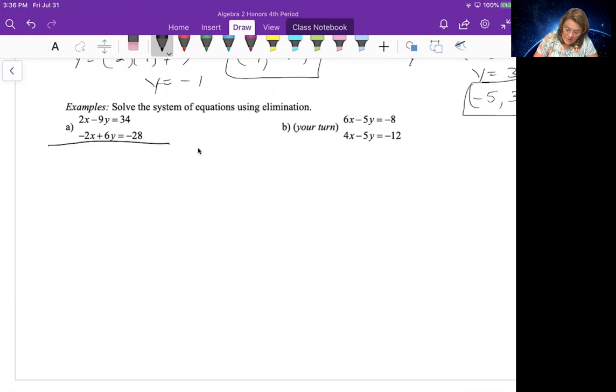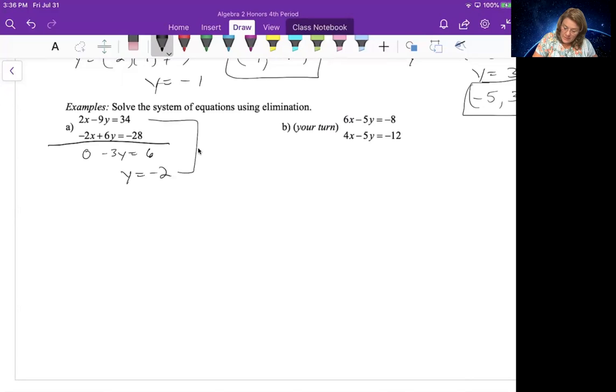I can just go ahead and add these two, because negative 2x plus x is equal to 0, but I have negative 9y plus 6y is equal to negative 3y, and then 34 plus a negative 28 is equal to 6, and I find y to be equal to negative 2.